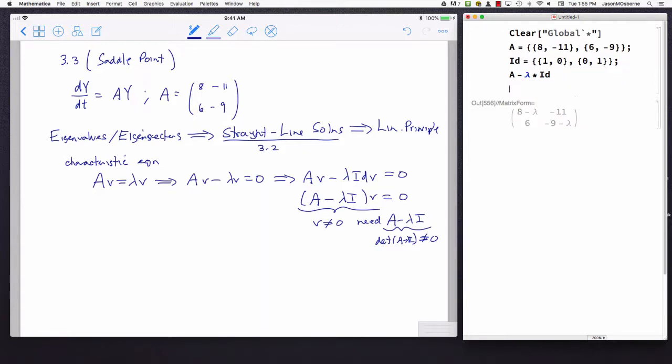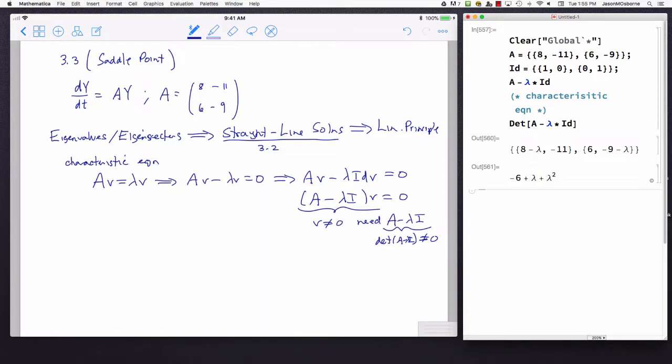We need to compute what's called the characteristic equation. The characteristic equation is obtained by taking the determinant of A minus lambda times the identity. So your characteristic equation comes out to be lambda squared plus lambda minus 6, and we want that equal to 0, and now you need to solve this equation.